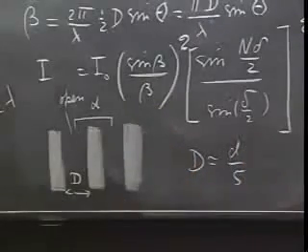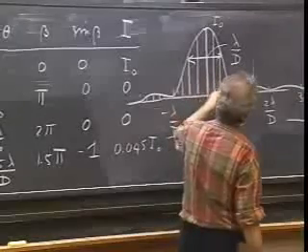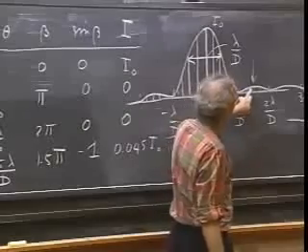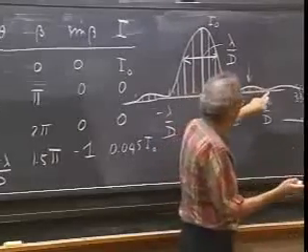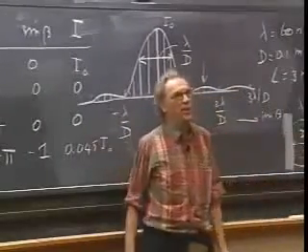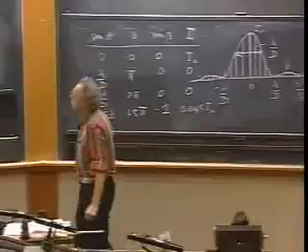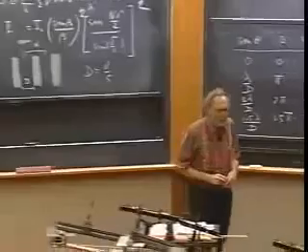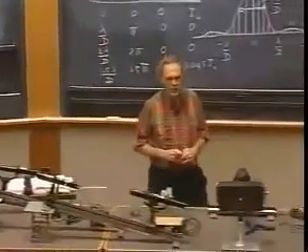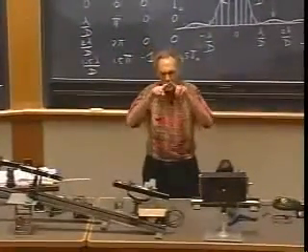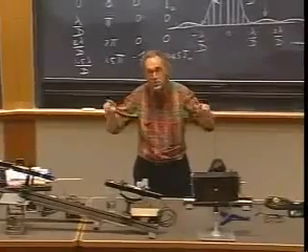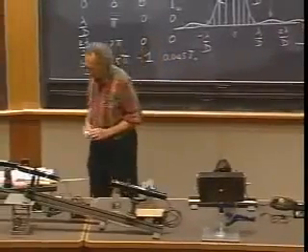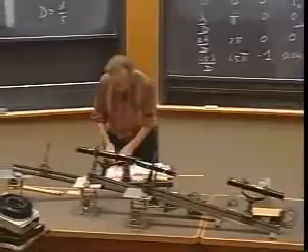So you would see 0 order, 1, 2, 3, 4, and 5 would be killed here, and then they would build up a little again, and then ultimately, of course, they would all peter out. If I show you a spectrum of a grating, you can roughly estimate what the ratio capital D over little d is by seeing that modulation pattern. And that's what I want you to see now.